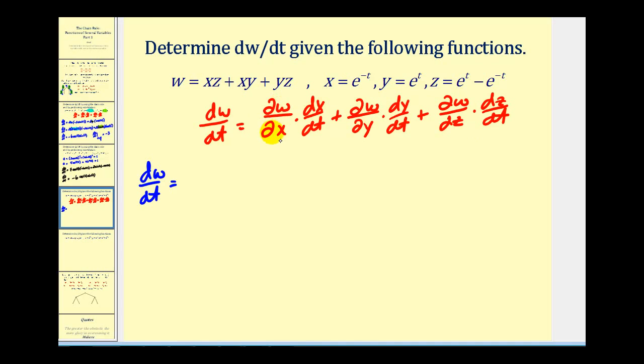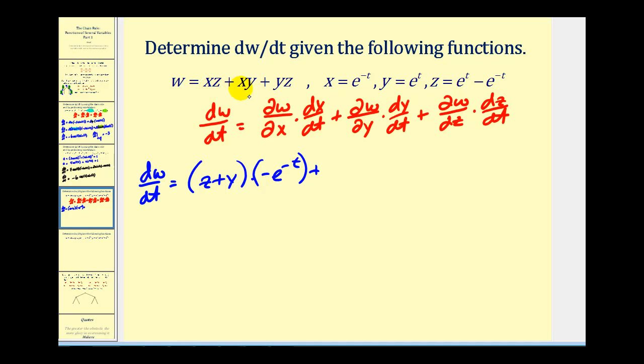So let's go ahead and apply the chain rule here and see what we get. So the partial derivative of w with respect to x, treating y and z as constants, we'll have z plus y plus 0, or z plus y, times dx/dt. Be careful here, u is going to be negative t, so we'll have e to the negative t times negative 1, or negative e to the negative t, plus the partial of w with respect to y.